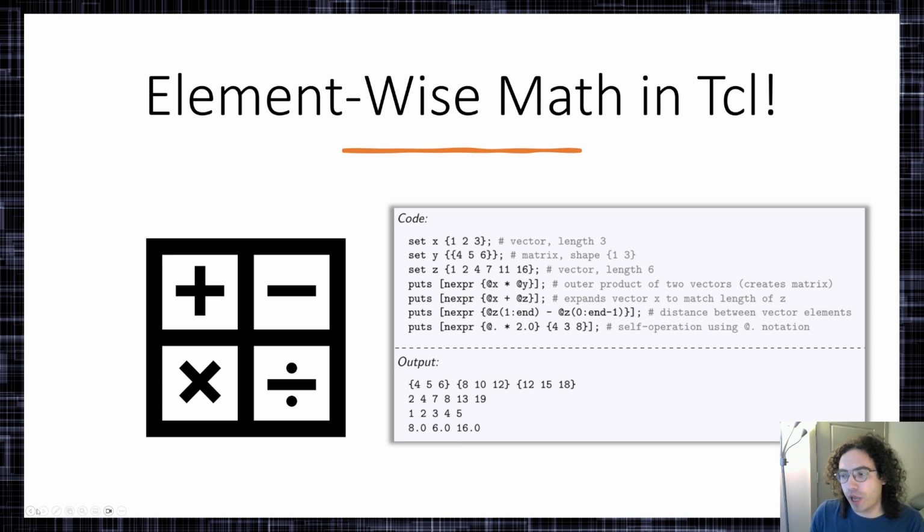If you don't refer to any vectors or matrices with the @ symbol, it'll just do a normal scalar math expression. So you can use nextpr instead of expr for all your purposes. It might be a little slower because there's more overhead, but it's basically expr with some additional features.